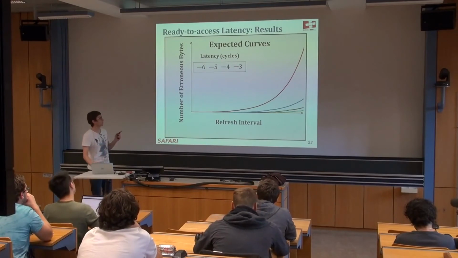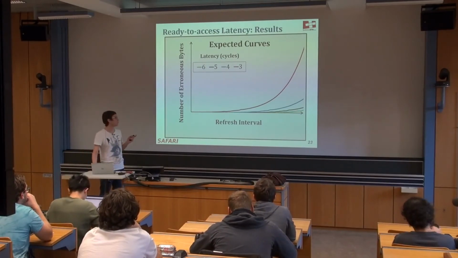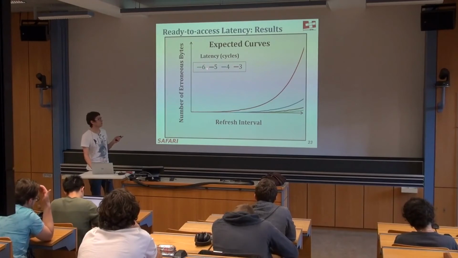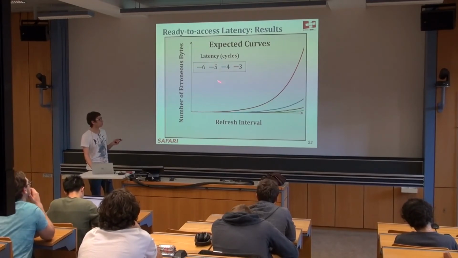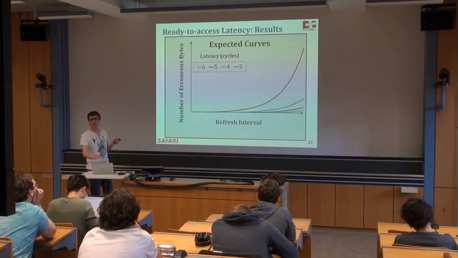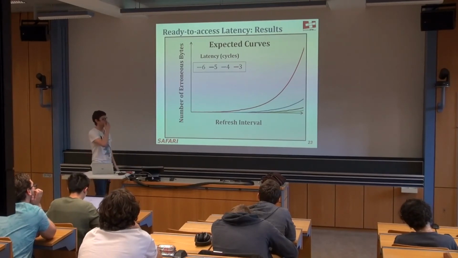This is not real data. Those are expected curves for different latencies of tRCD. Each curve corresponds to a different tRCD latency, which is the latency between activate and read operation, and on the y-axis we see the number of errors.